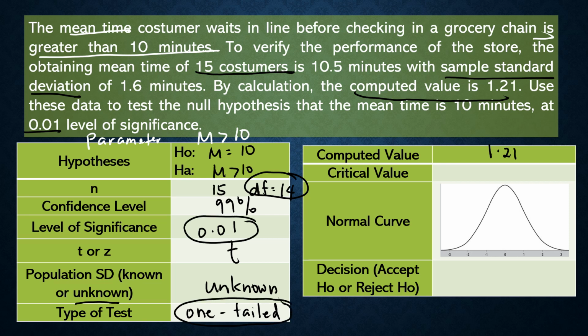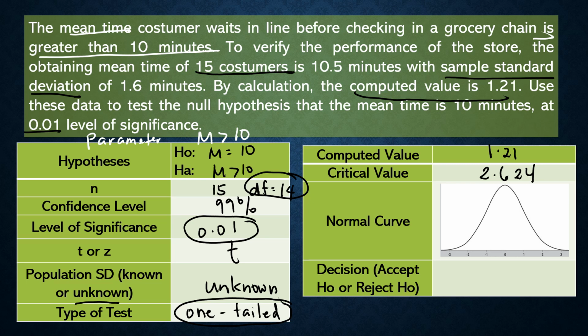Taking a look at your t-distribution table, df 14, one-tailed, 0.01, we're going to get the value, which is 2.624. Now, how about the sign of the critical value? Since our alternative hypothesis is greater than, automatically the sign is positive.